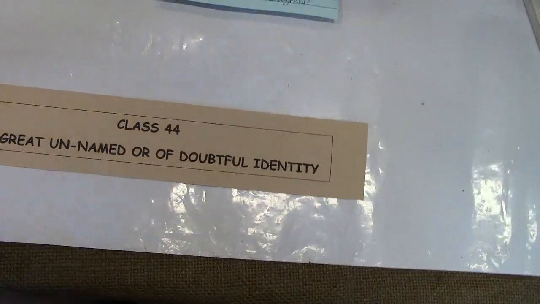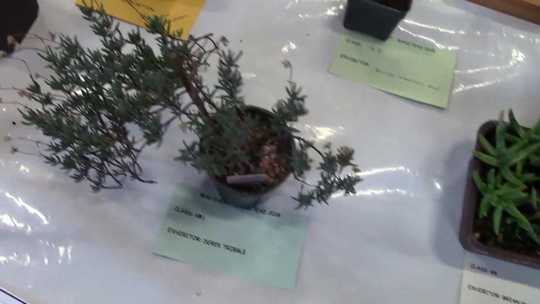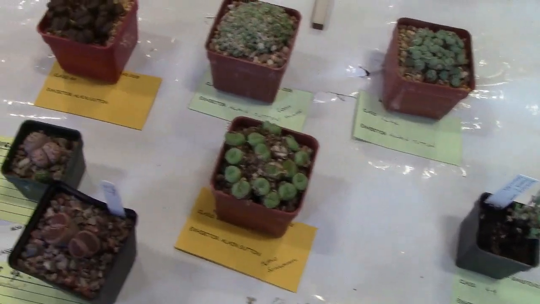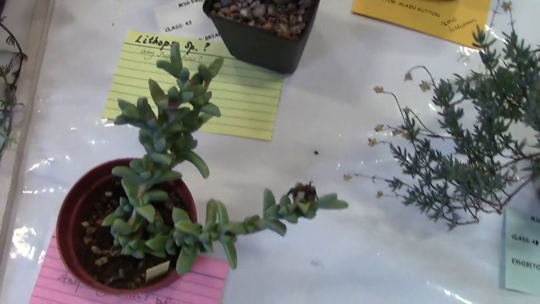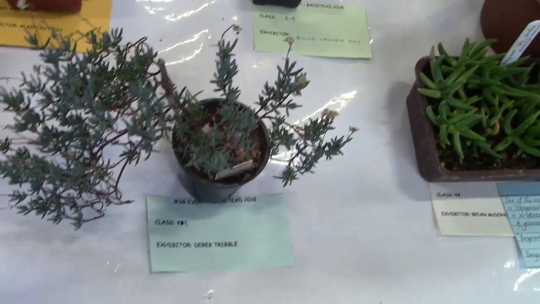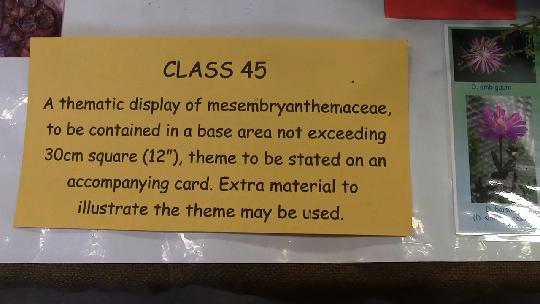Here we've got the great unnamed, or of doubtful identity. Very good class. So anything you don't know what it is will find its way into this class. Right, we're coming on to class 45, which you can read what it says on the ticket.